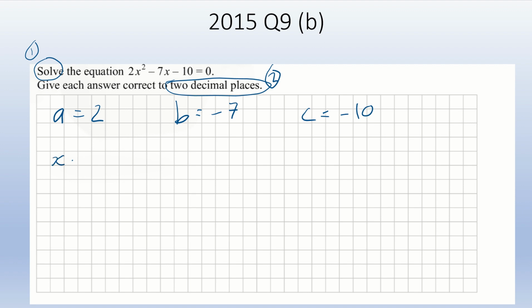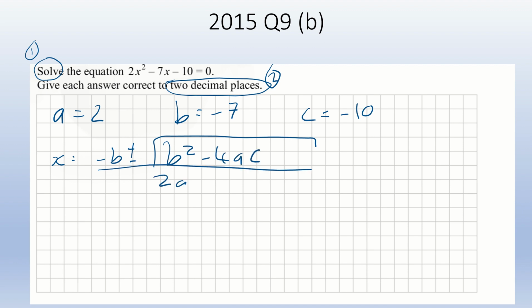My quadratic formula says that x is equal to minus b plus or minus square root b squared minus 4ac, all over 2a. So if I was to substitute those in, x is equal to minus b, so x is equal to minus 7 plus or minus 7 squared minus 4.